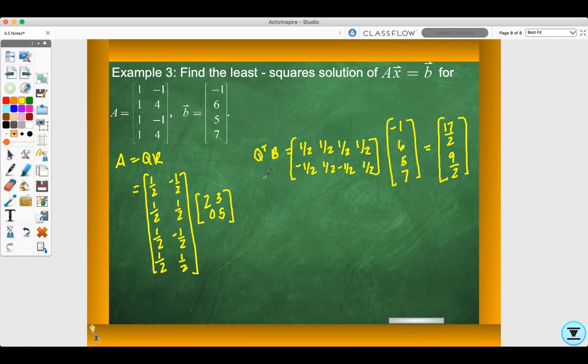From here, we need to find x hat, where R x equals Q transpose b. So R is 2, 3, 0, 5, times x1, x2 equals 17 halves and 9 halves.